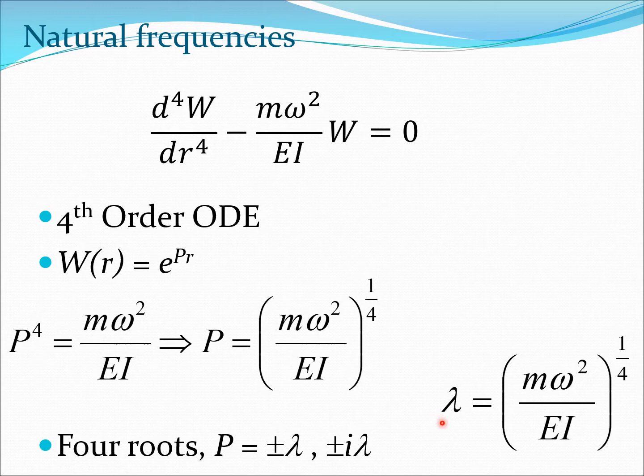Now if we define lambda as this particular number, then this equation, once I substitute W(r) is e^(pr), is going to yield an equation in terms of p, and when I solve that I will get 4 roots. So these are going to be plus minus lambda, 2 real roots, and plus minus i lambda, where i is root of -1.